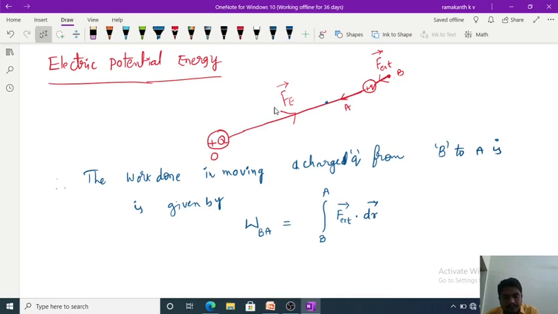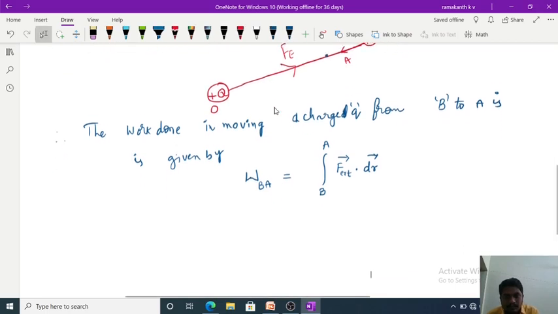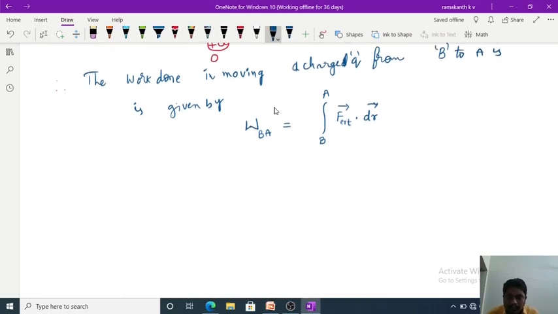Here F electric is equal to negative of F external. So they are opposite in direction.